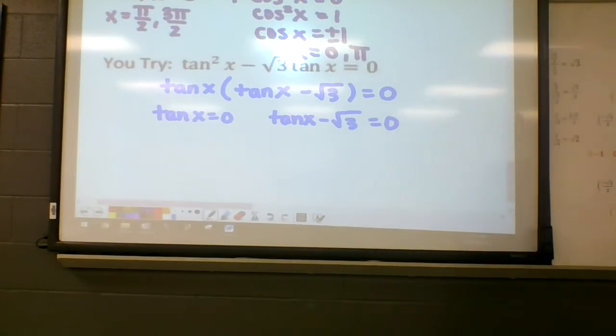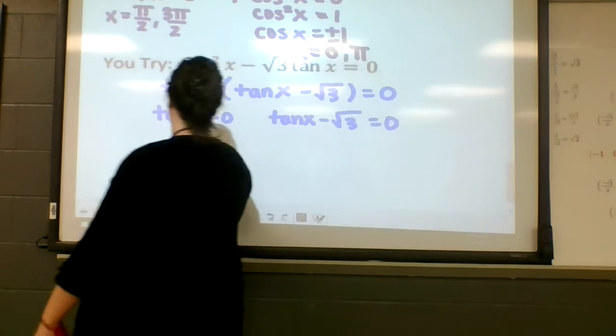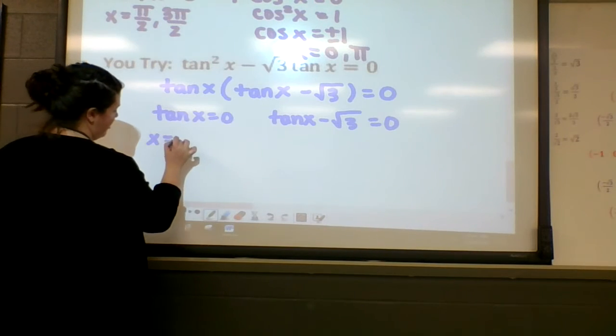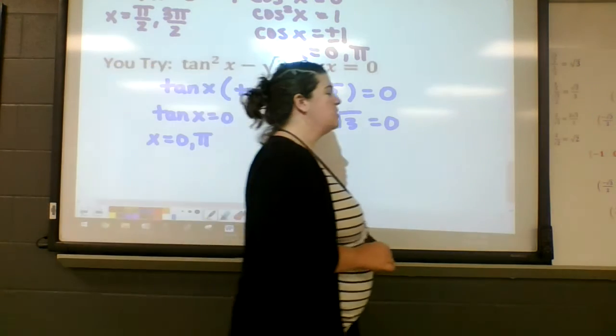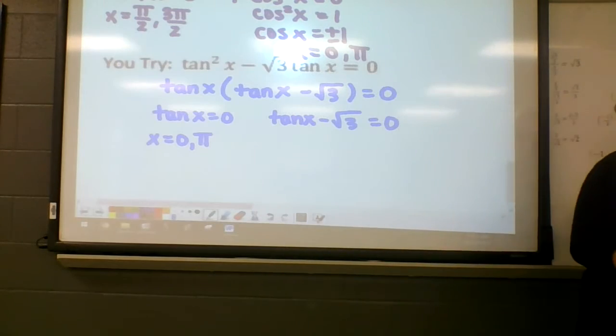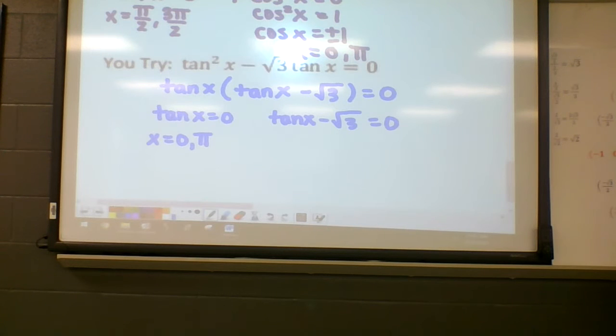So to get tangent equal to 0, the numerator has to be 0, so sine has to be 0. So where is the sine equal to 0? Pi? 0. And technically 2 pi, you can add it or not add it at this point because I didn't give you an interval. Most times they say between 0 and 2 pi, but you don't include 2 pi.